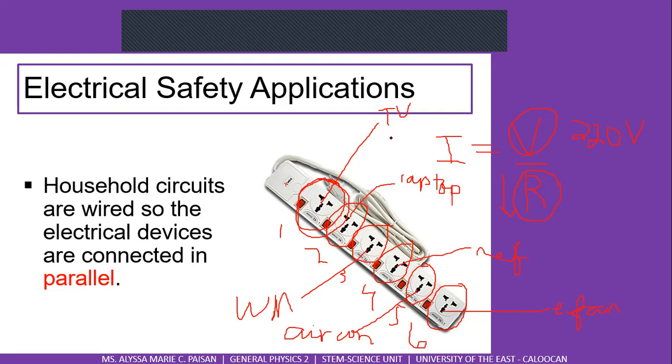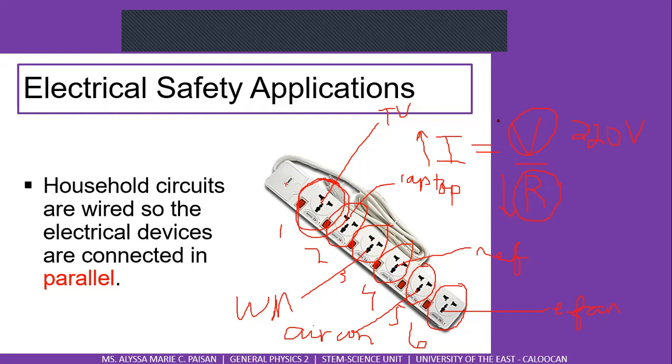Tapos dahil habang nag-a-add ka ng resistance, lumiliit yung resistance, lumalaki ngayon yung current. And remember na yung current natin in a parallel circuit is not equal sa kada socket na ito or sa kada circuit element na ikakabit mo sa circuit mo, kundi nag-a-add up siya.